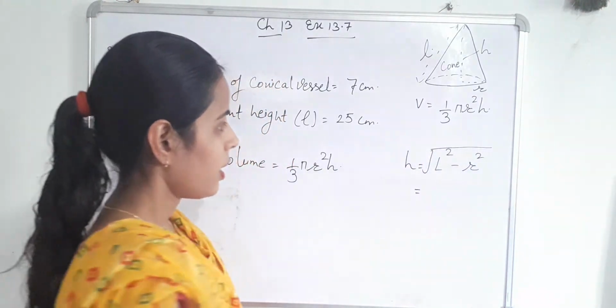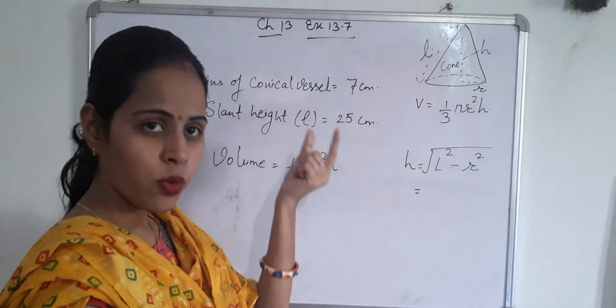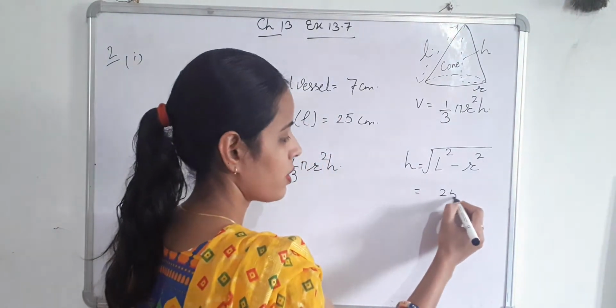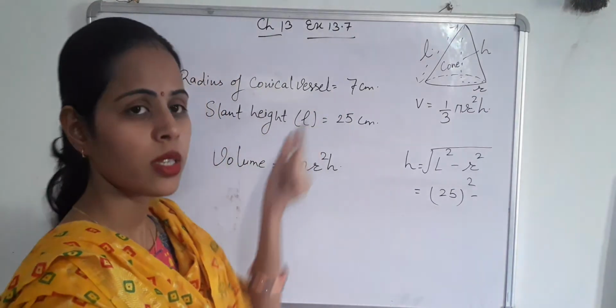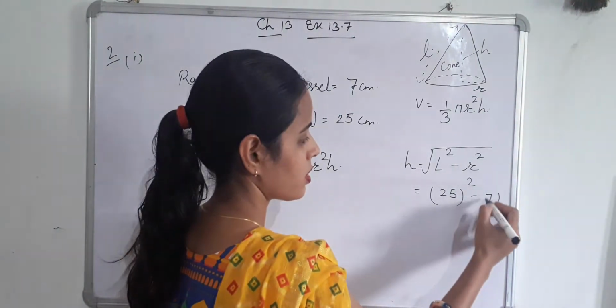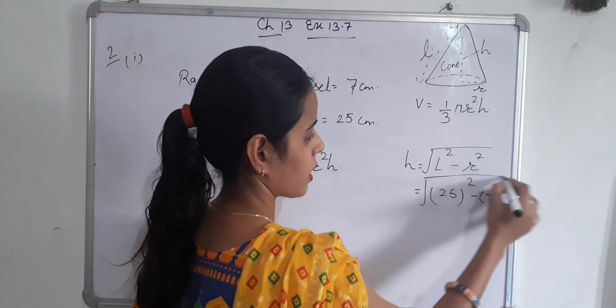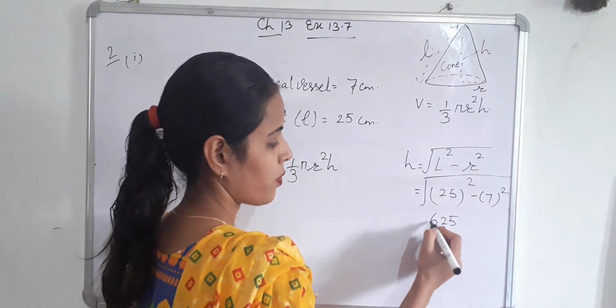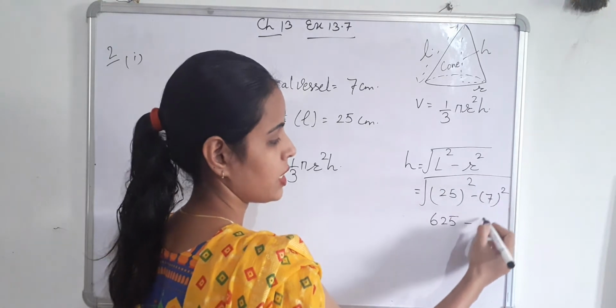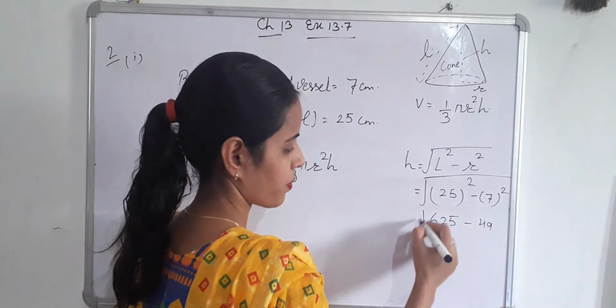L is 25, square of 25, minus r is 7, square of 7. Square of 25 is 625 minus square of 7 is 49.